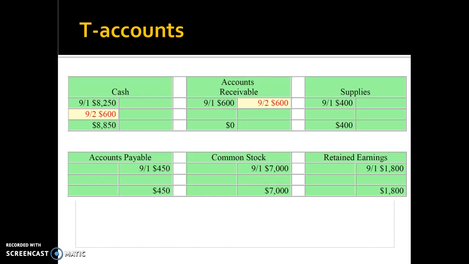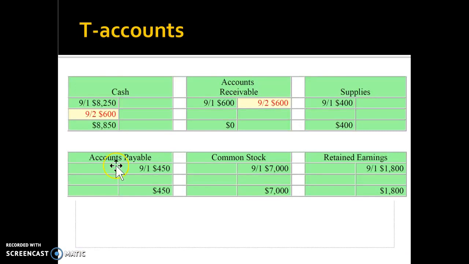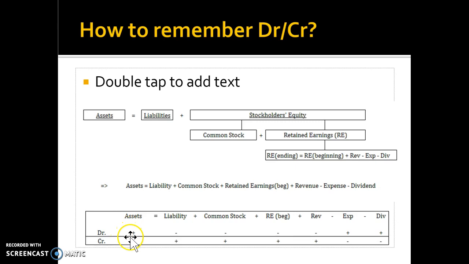And then we go to our T accounts. We look for the particular accounts that are related to what we have just written down in our equation. So in this case, cash and receivables are affected. And then next, we ask ourselves, did our cash increase? Yes. Okay, then I know if I go back to the equation, when my cash increases, cash is an asset account, it would increase with a debit.